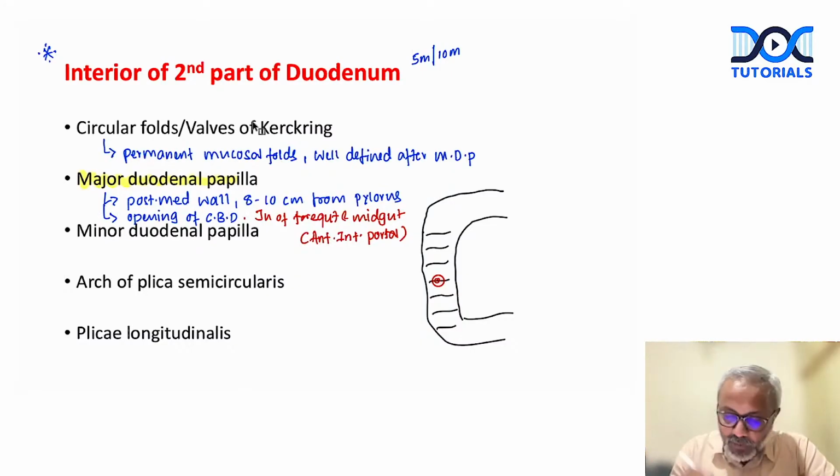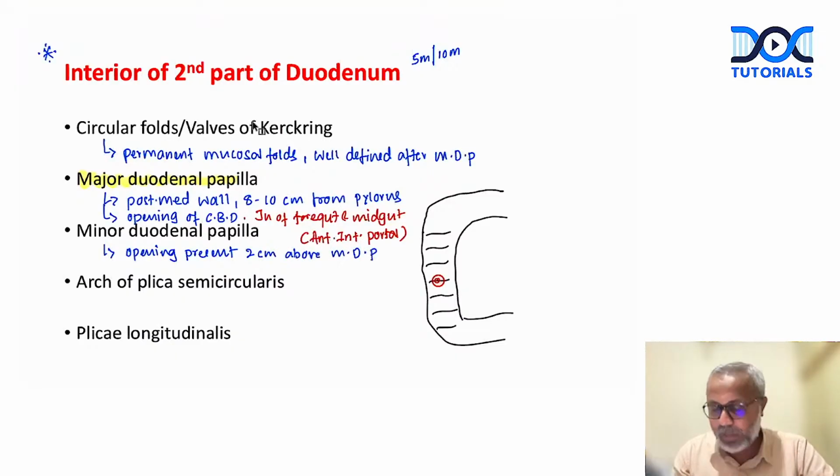Then what do we write for the minor duodenal papilla? Remember, the minor duodenal papilla is an opening present about 2 centimeters above the major duodenal papilla. So let's say this is where we will have the minor duodenal papilla.